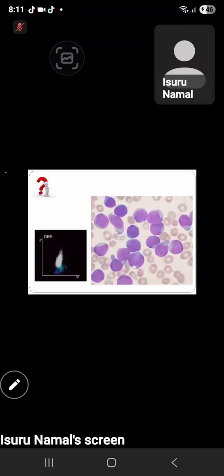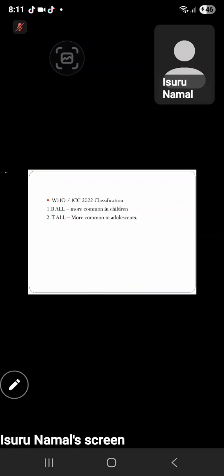There may be a question: what are the types of ALL according to the WHO classification? You should know that in the WHO classification we classify ALL into two categories, B-ALL and T-ALL.